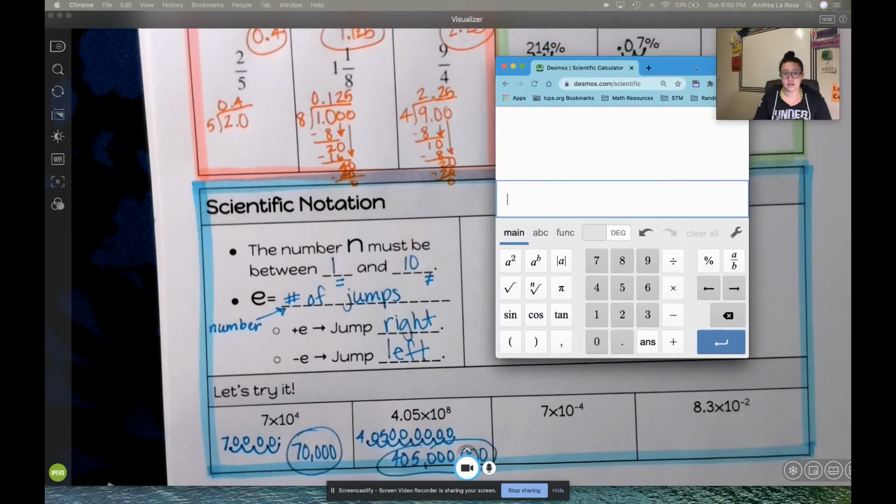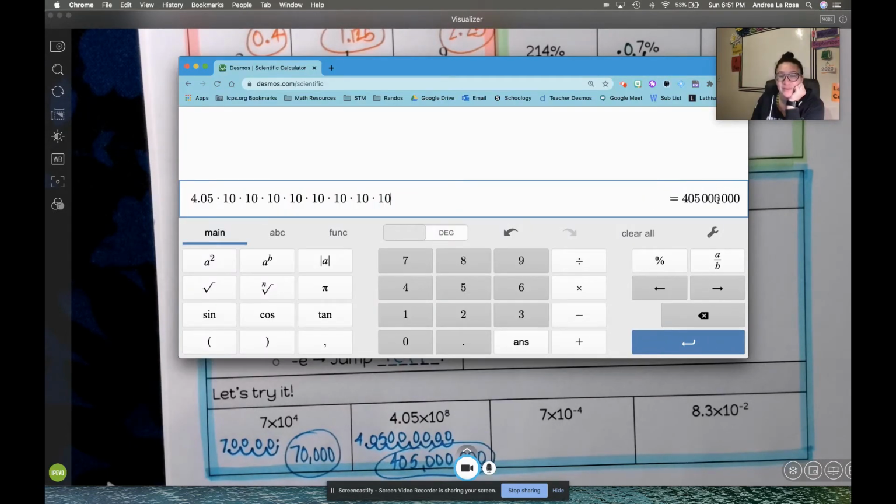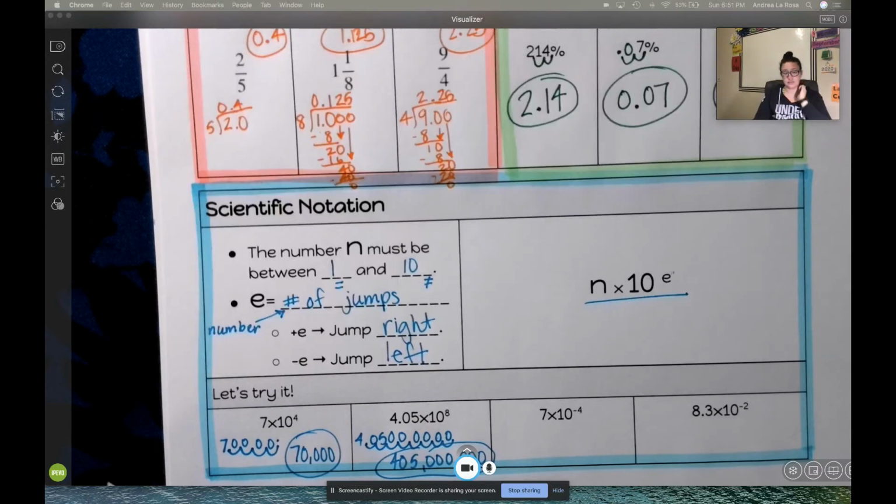In the calculator, if we do 4.05 times 10, 8 times, 1, 2, 3, 4, 5, 6, 7, 8, and there we go, we get our 405 million.